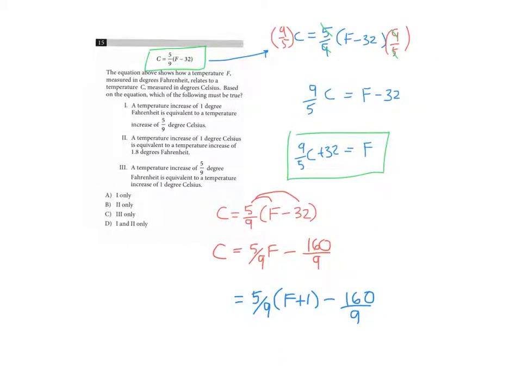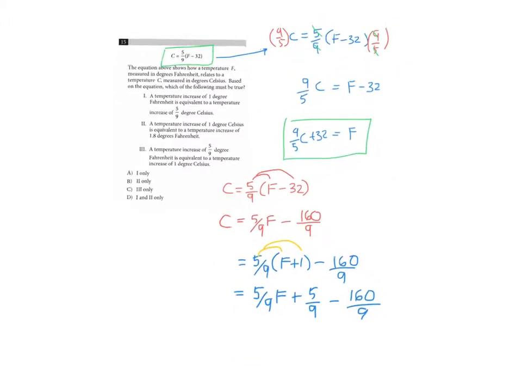Well, basically what that would do is we would then have 5 over 9, and if we were to distribute it there and there, we would then have 5 over 9 F plus 5 over 9 minus 160 over 9. And what does that become?